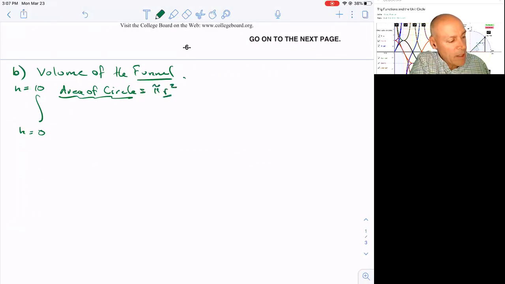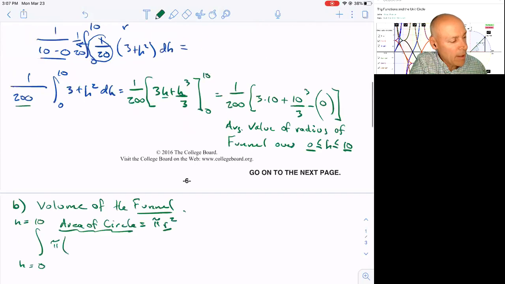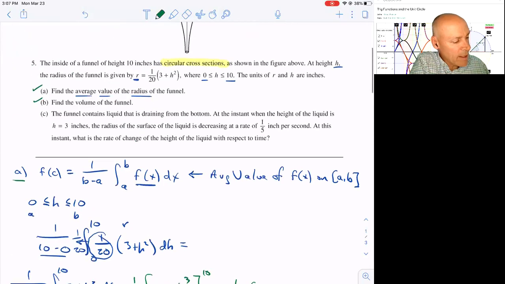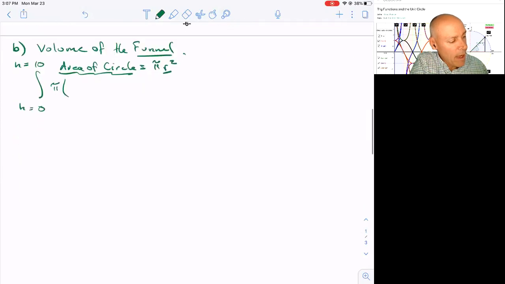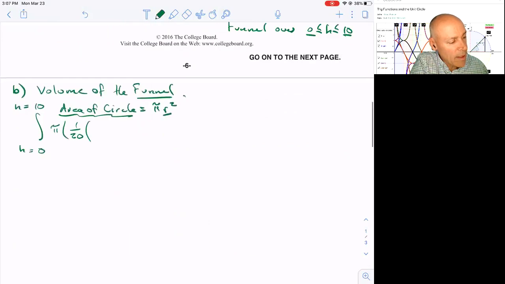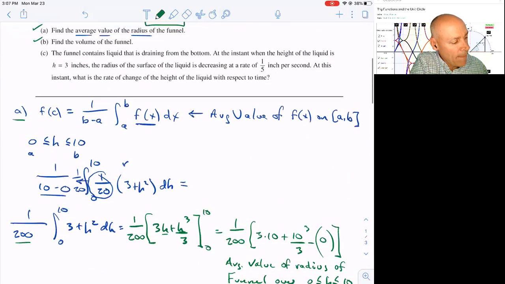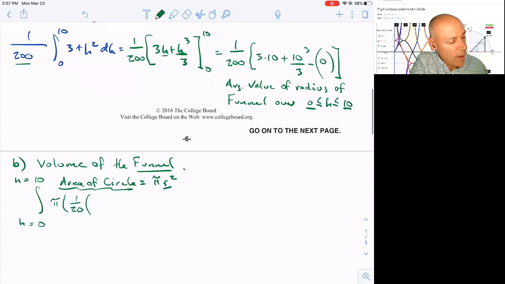But in this case, we're given a function for r, so that r is going to be in terms of h. So really, this is going to be pi times r, and r is given as 1/20th times 3 plus h squared.